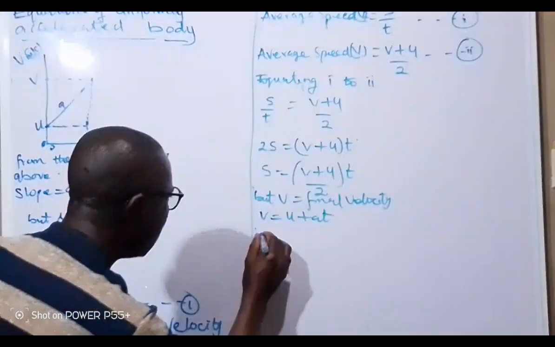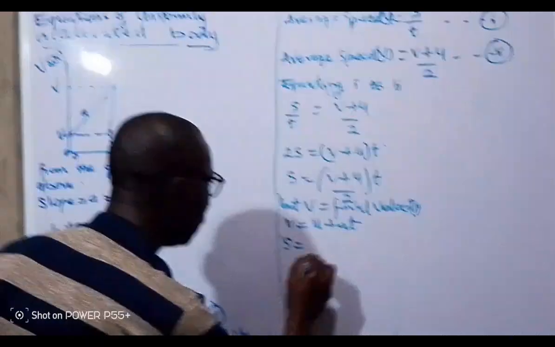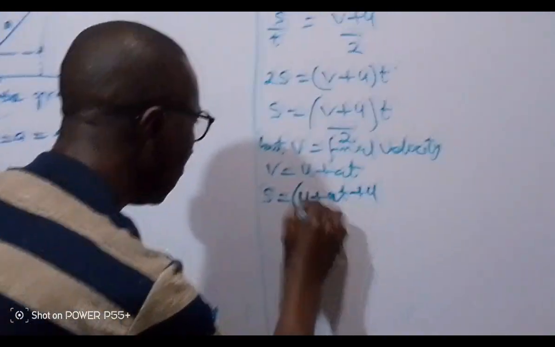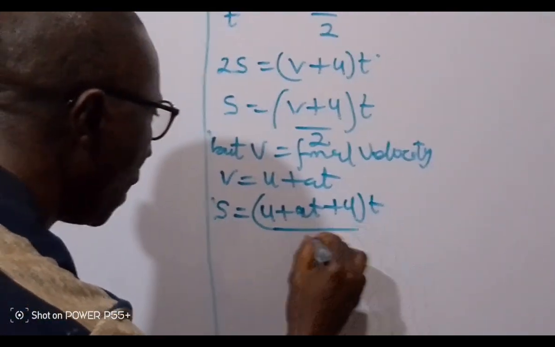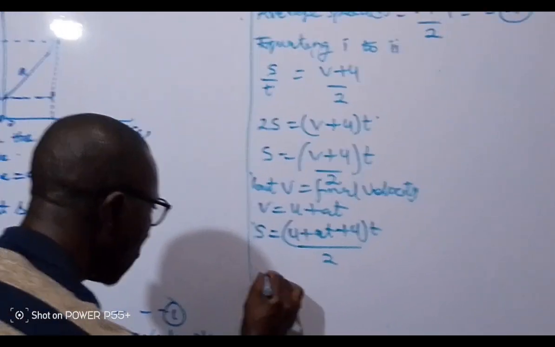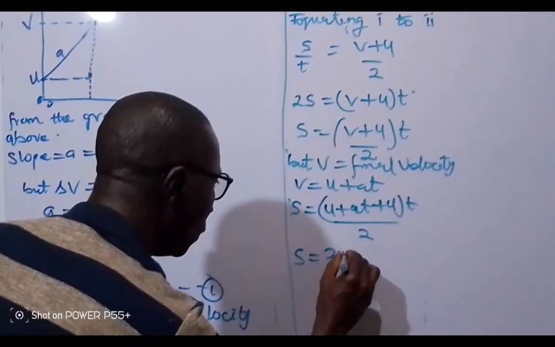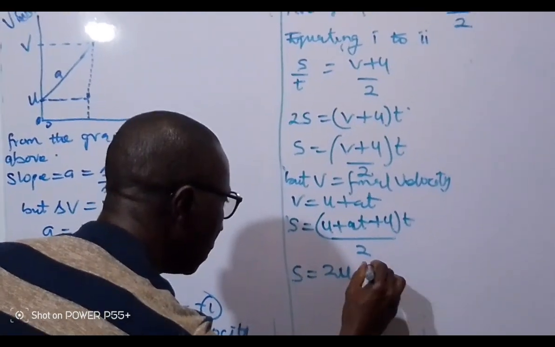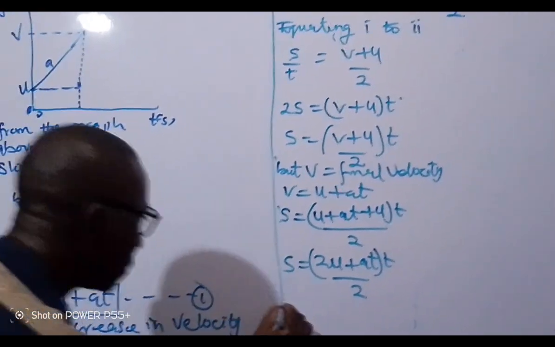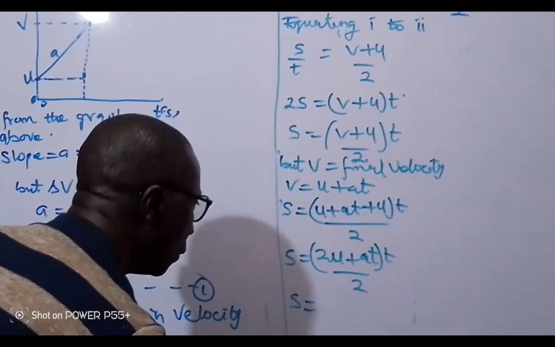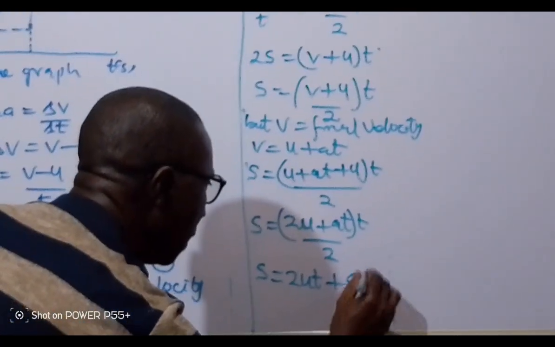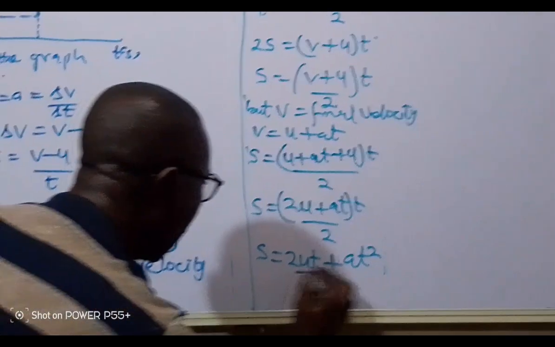So you are going to have S is equal to U plus AT plus U into bracket T over 2. U plus U will give us 2U. So you are going to have S is equal to 2U plus AT into bracket T over 2. Open the bracket. So we are going to have S is equal to 2UT plus AT square over 2.